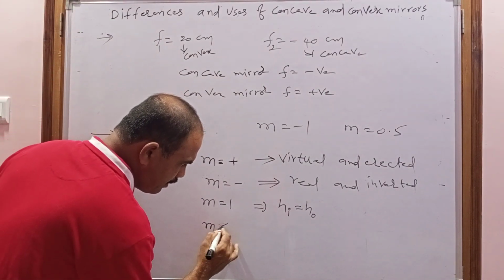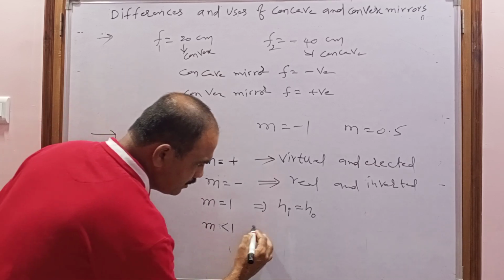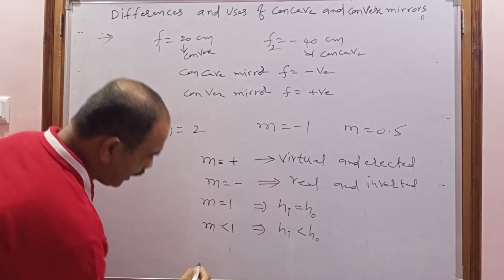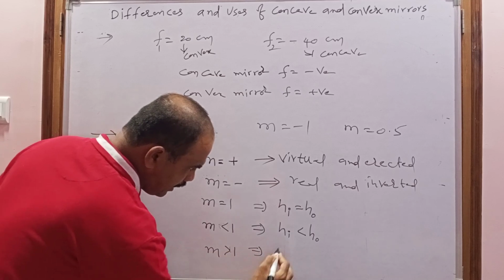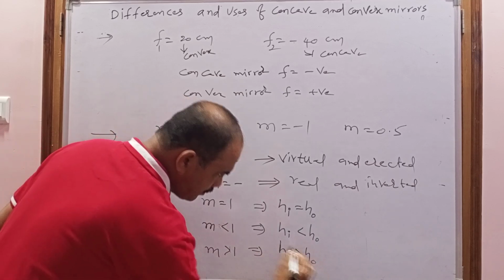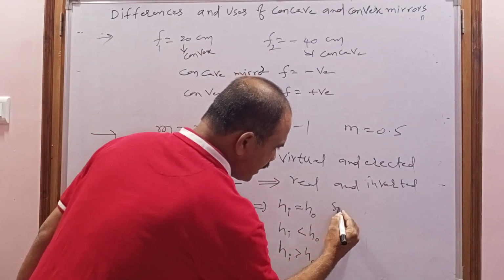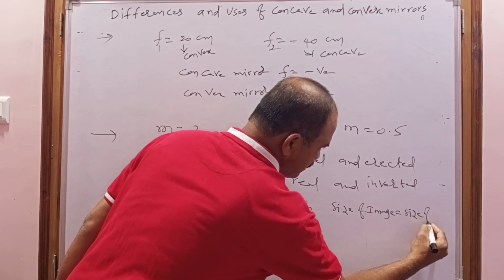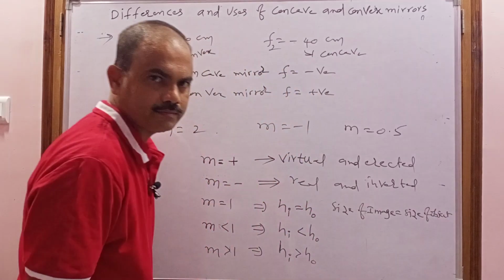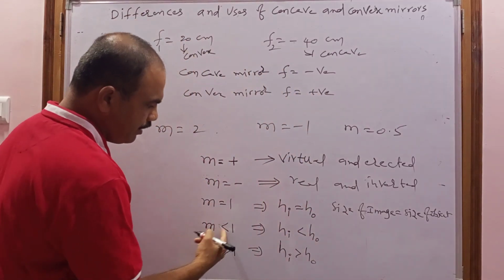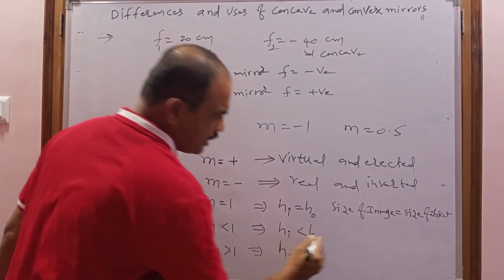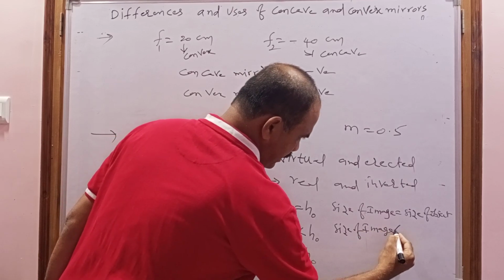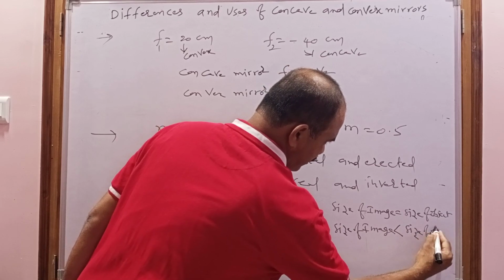If m is less than 1, the height of the image is less than the height of the object, so size of image is less than size of object.